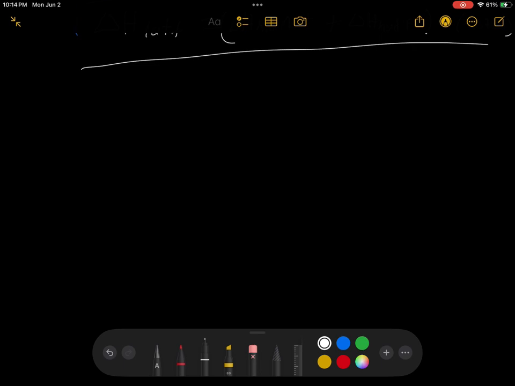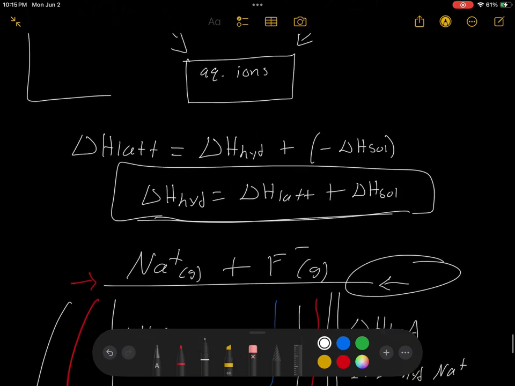All right. The next thing is solubility. Here is a very weird trend that they like to mention. Trends in solubility, right? Basically, remember this equation from before?